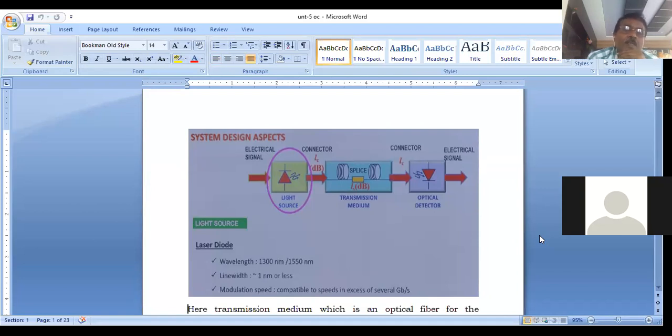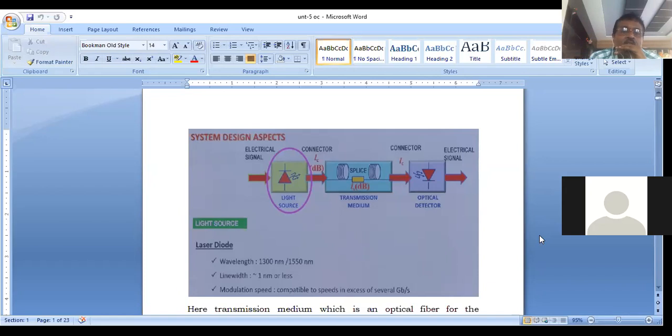There is a connector between the light source and the transmission medium, and similarly between the transmission medium, the optical fiber, and the optical detector. So we introduce a connector.